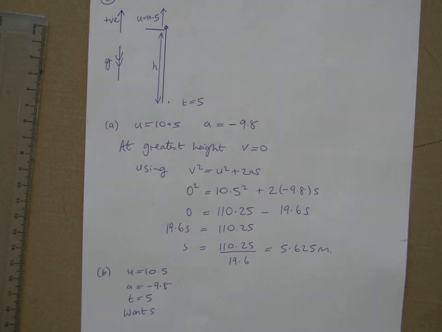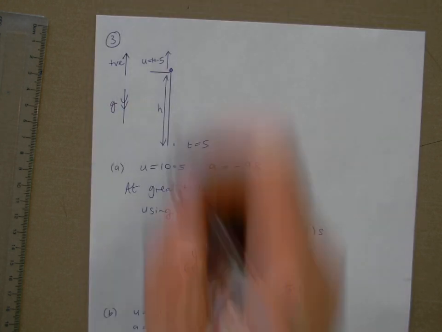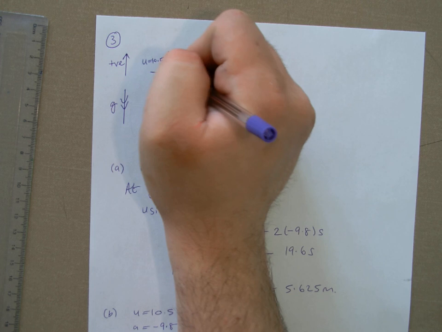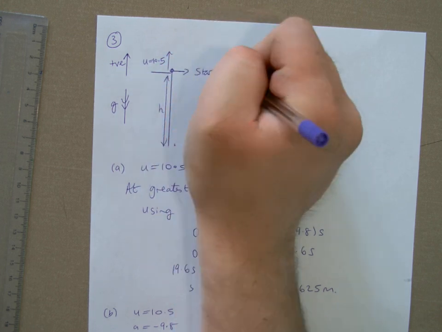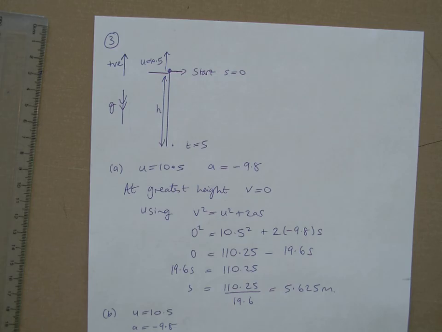We need to remember that our displacement is from here. This is our starting point, the start. In other words, s is equal to 0 here. Displacement measures how far you are, and where you are in relation to the origin, so it's how far, but also where you are in terms of direction. That's really important. So s is 0 there.